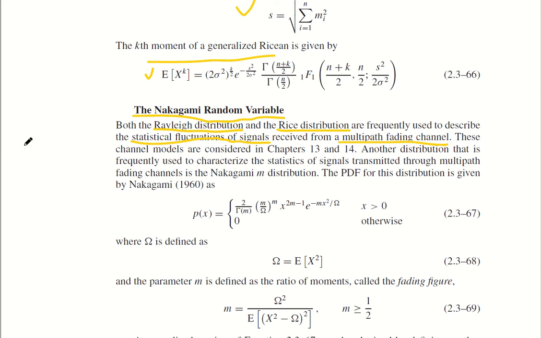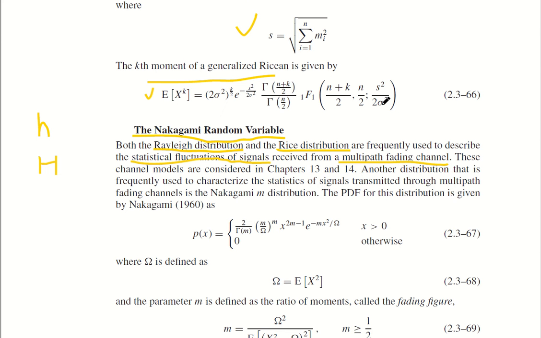As you see, oftentimes when we see in the papers the notation H representing the channel, it's very often described by a couple of those random variables. The most common ones are Rayleigh, Rice, and Nakagami. Those are the common ones describing the statistical property of the channel. The channel models will be considered later.